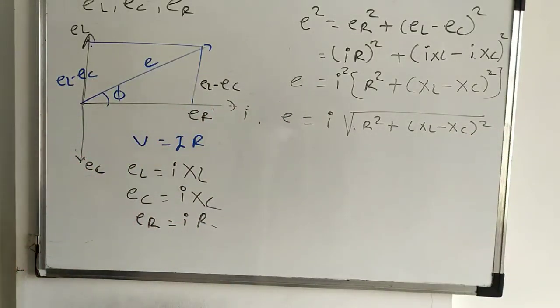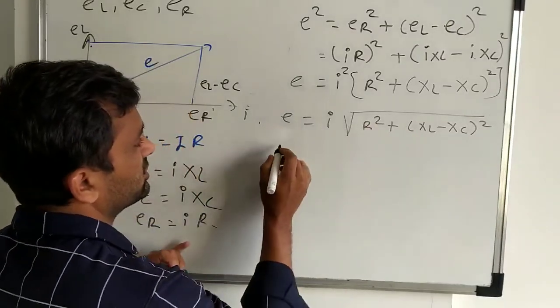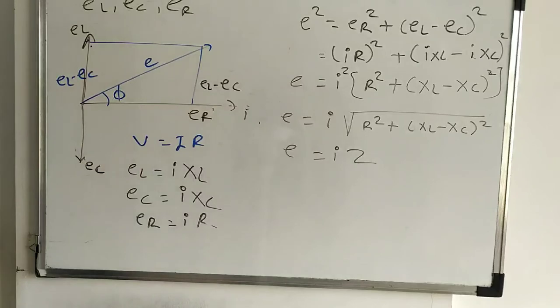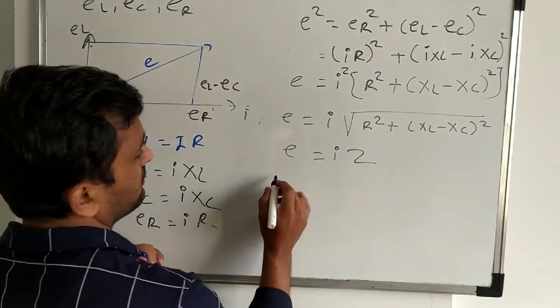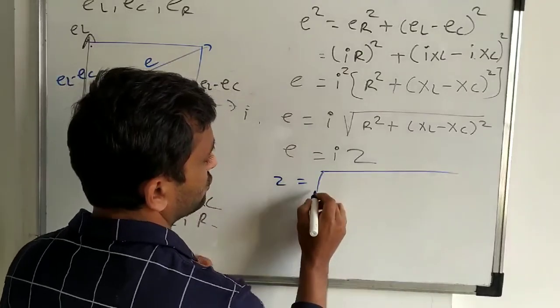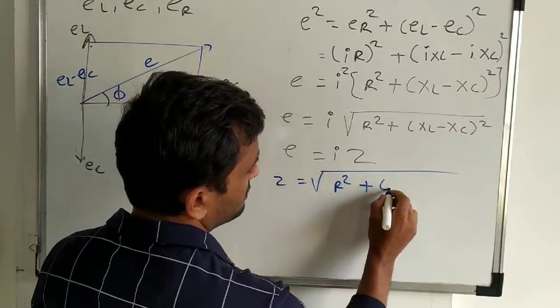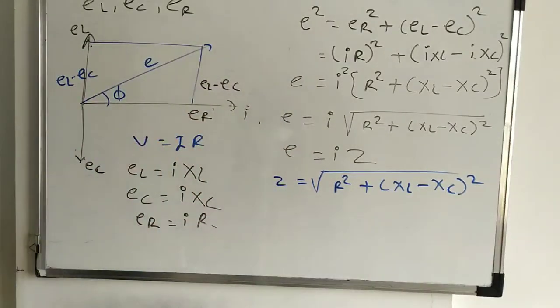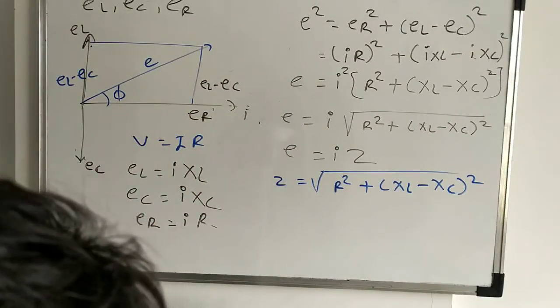Now this term which is present in the square root is denoted by capital Z. What is capital Z? Capital Z is nothing but under root R square plus (XL minus XC) square. This is called impedance of the circuit.